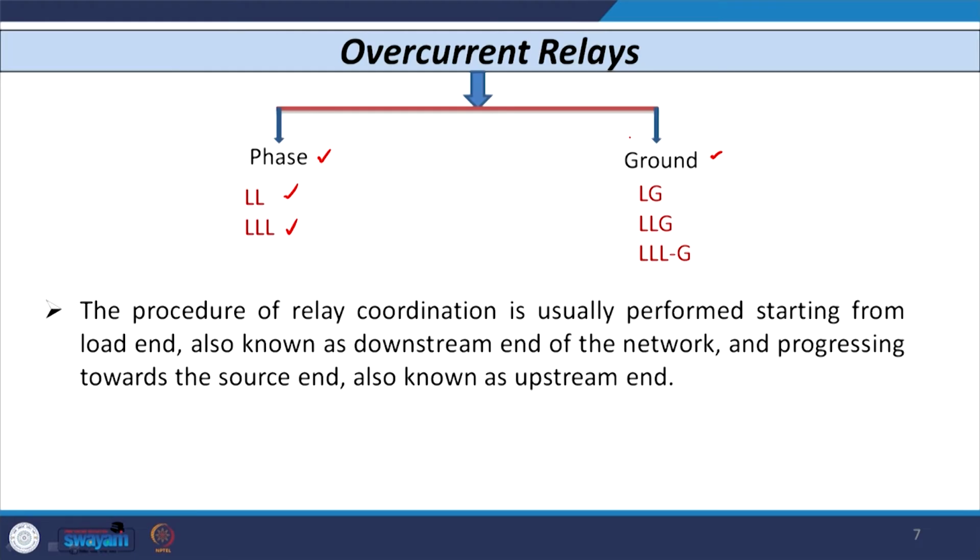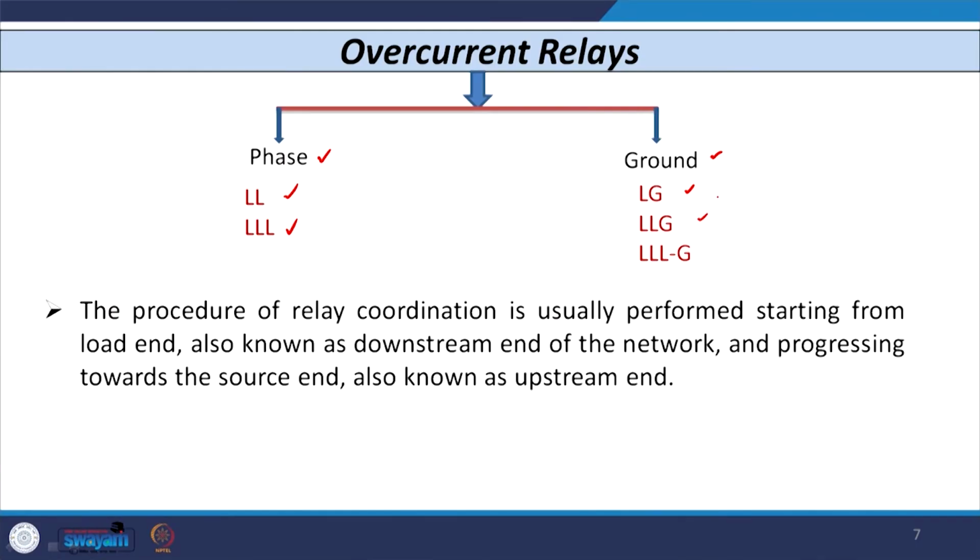Similarly, ground overcurrent relays are those responsible for detection of any type of fault that involves ground. So line to ground fault, double line to ground fault and triple line to ground fault are the different types of ground faults. When I consider line to ground fault, there are three types: R to ground, Y to ground and B to ground.